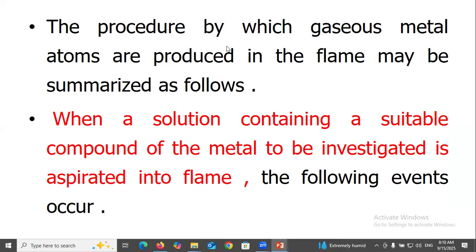The procedure by which the gaseous metal atoms are produced in the flame may be summarized as follows. When a solution containing a suitable compound of the metal to be investigated is aspirated into the flame, the following events occur.